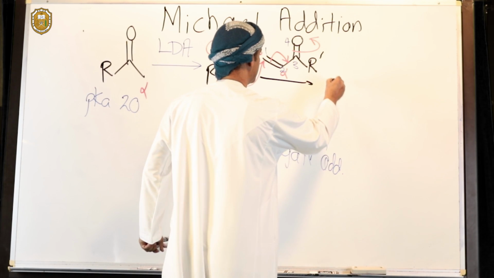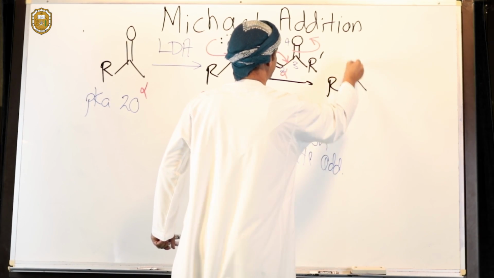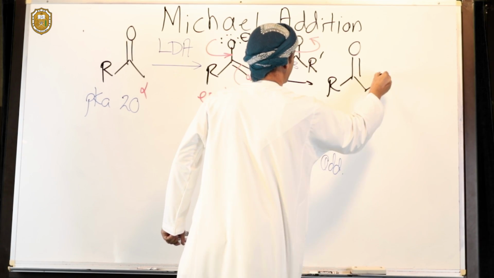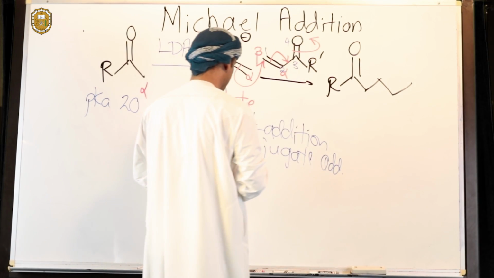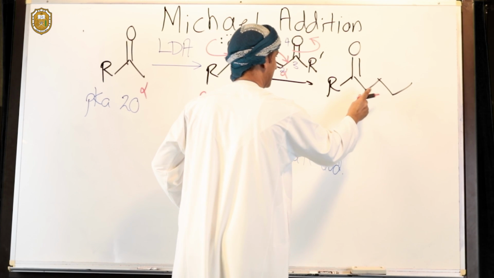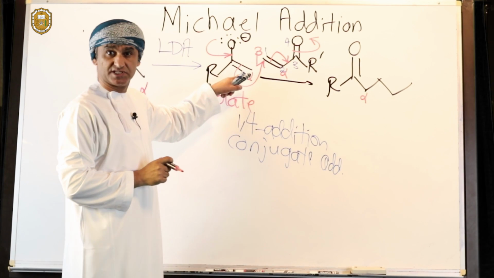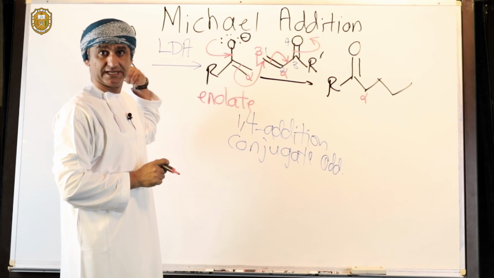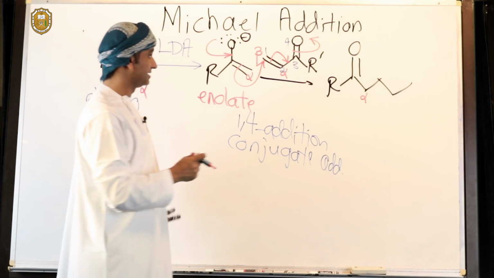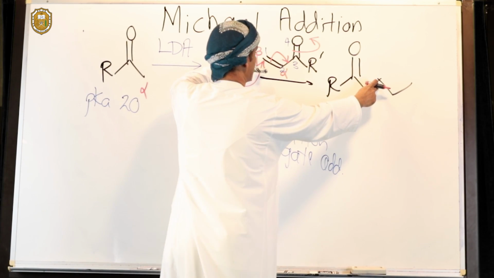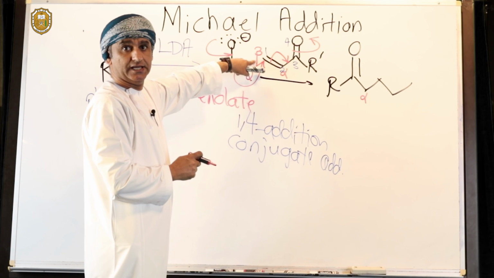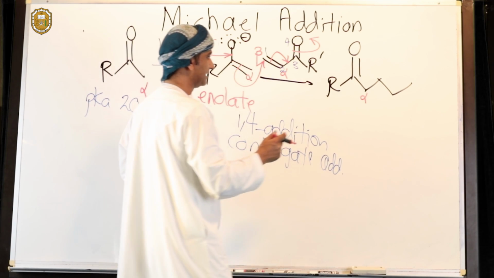The intermediate that's obtained is actually this, where a bond is formed between the alpha carbon, which comes from the original carbonyl compound, a ketone in this case, and the beta carbon from the alpha beta unsaturated carbonyl compound.